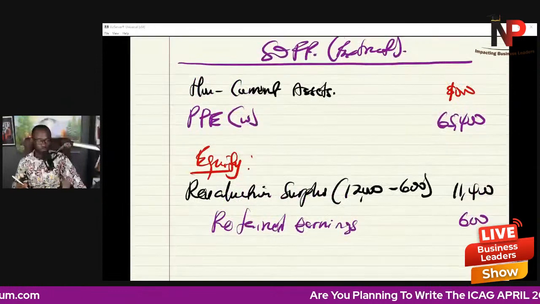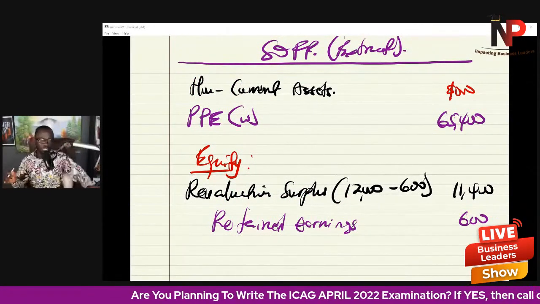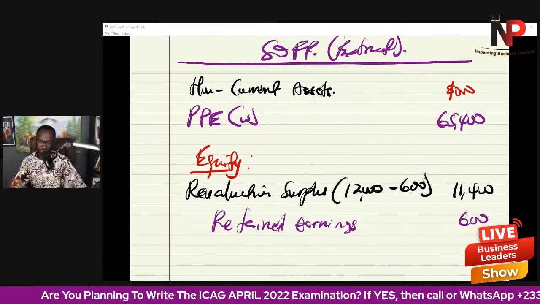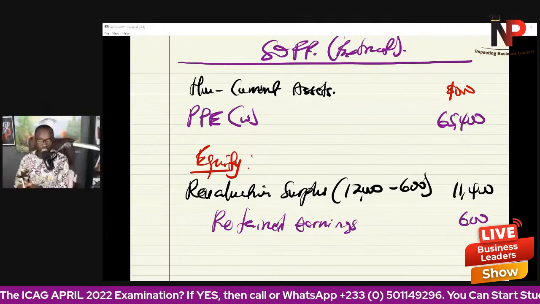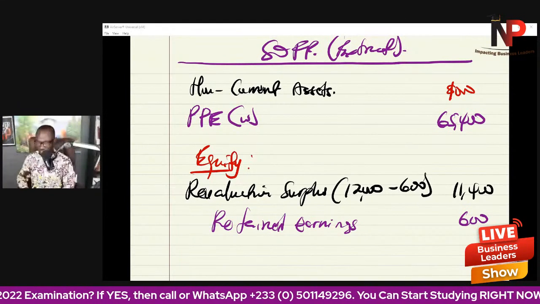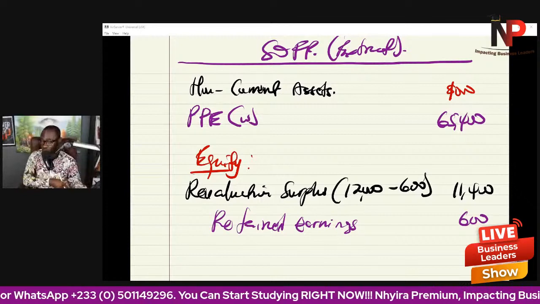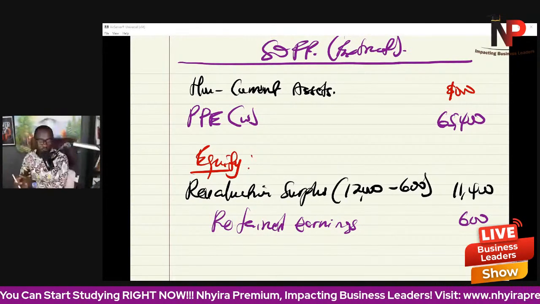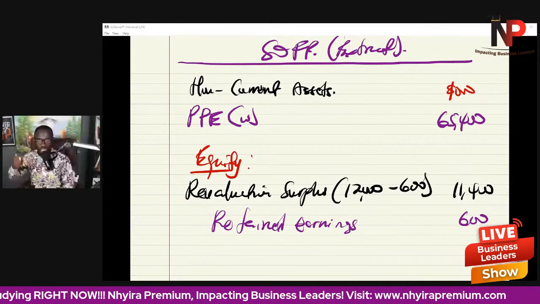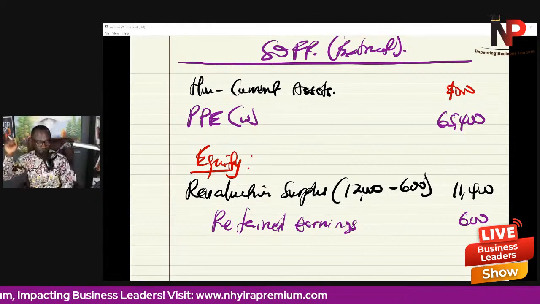That's the difference, because the movement occurs in the statement of changes in equity. If there was a deferred tax, that would have been done in the OCI because deferred tax occurs in the OCI. But if there is movement from revaluation surplus to retained earnings, it occurs not in the OCI, but in the statement of changes in equity.